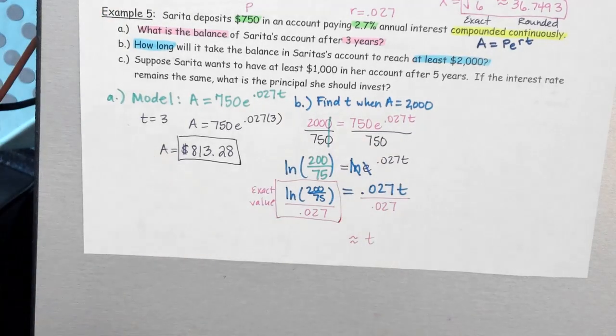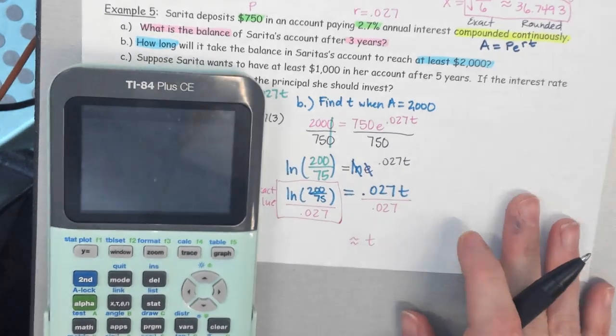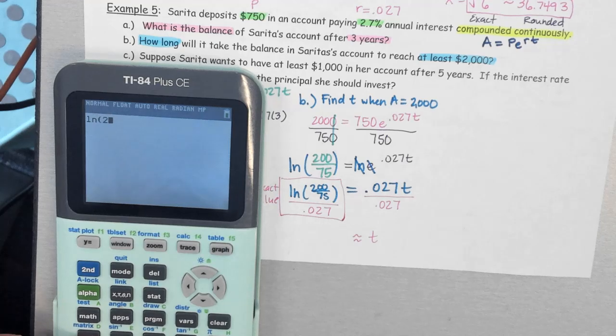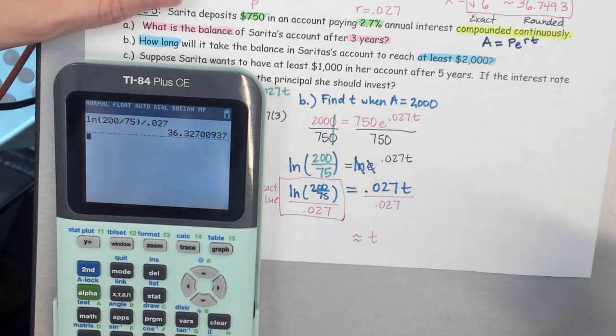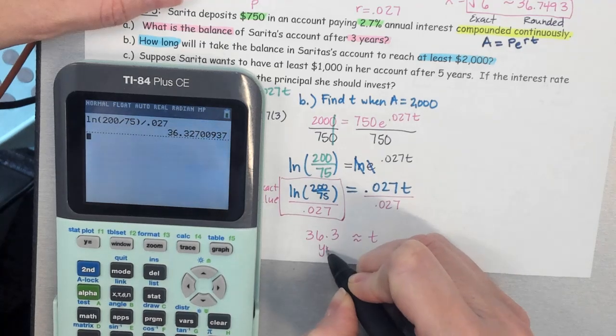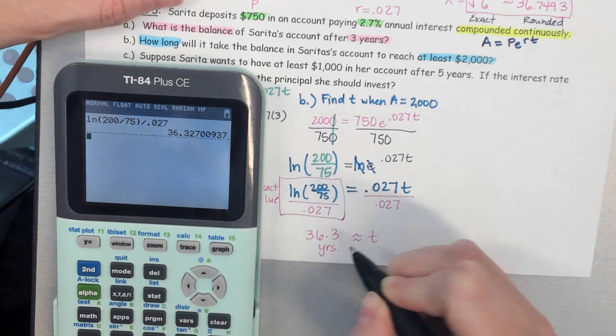The natural log of 200 over 75 divided by 0.027. Okay, and we don't want to round until the end, which is why we're keeping that fraction in there. Okay, and then I just rounded to the nearest tenth. Again, it doesn't say, so you can choose. And then this is years.